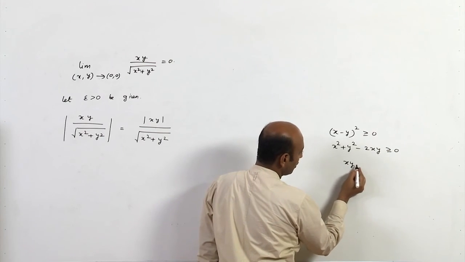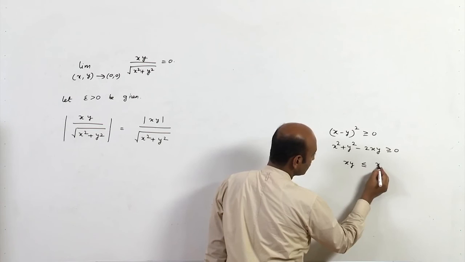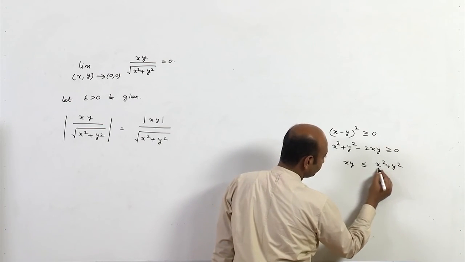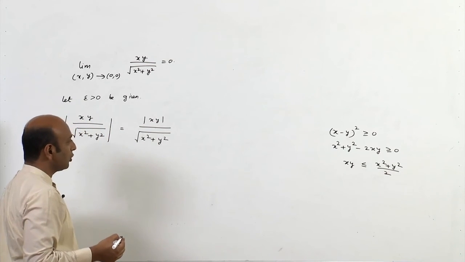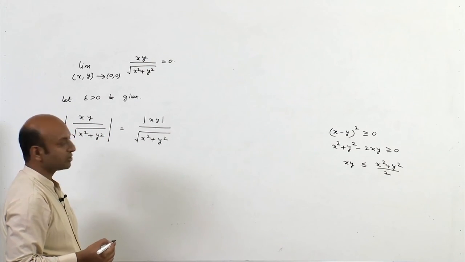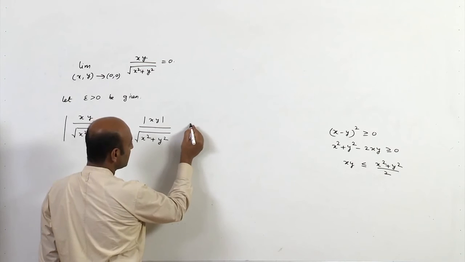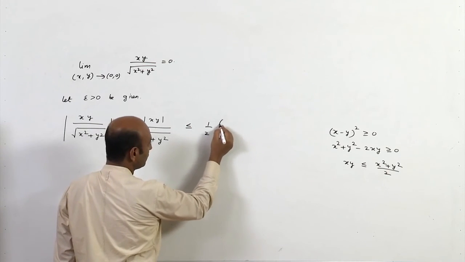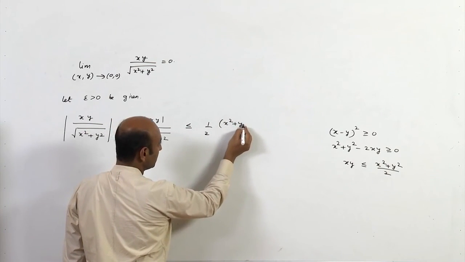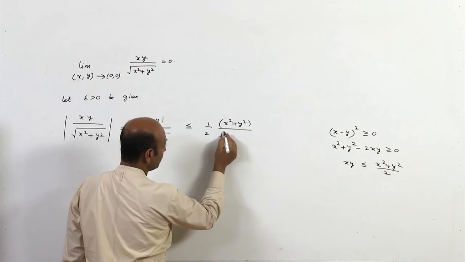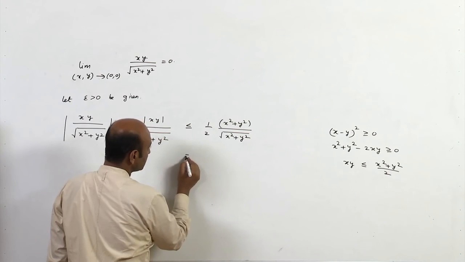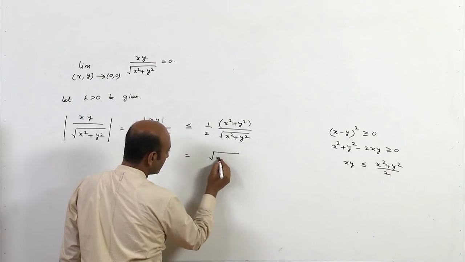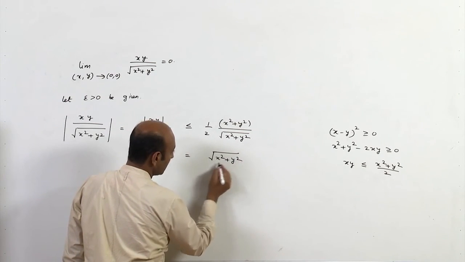So xy will always be less than or equal to (x square plus y square) by 2. So mod of this quantity will also be less than or equal to (x square plus y square) by 2. So this is less than or equal to 1 by 2 times (x square plus y square) upon under root x square plus y square. So this is equal to under root x square plus y square upon 2.